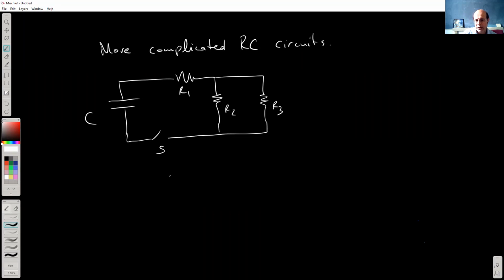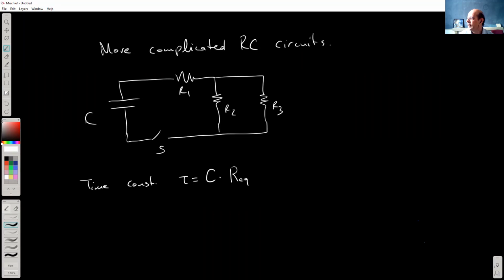In these kinds of situations, what is important is perhaps the time constant. The time constant in that case is equal to the capacitance multiplied by the equivalent resistance with which this capacitor is connected in series.